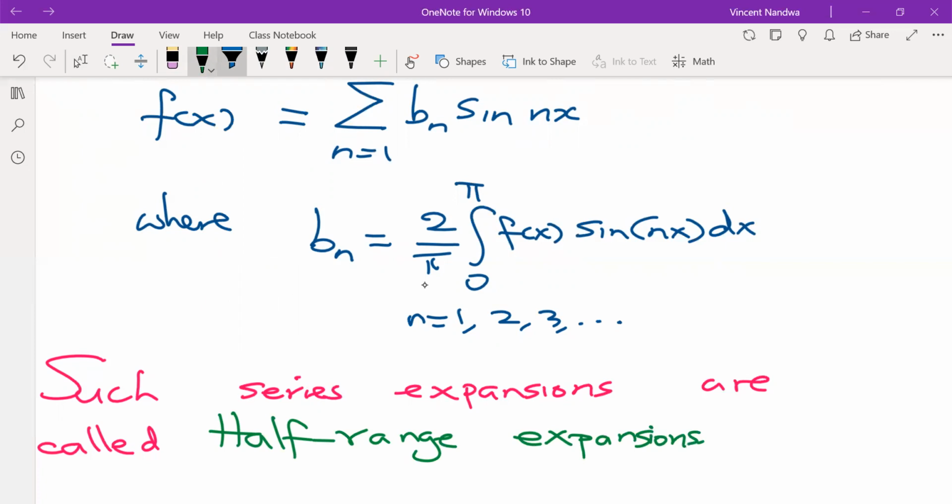So note that for half-range expansions, the function will be defined in an interval 0 to pi, and the question will specifically tell you that you want to carry out either sine series expansion or cosine series expansion.